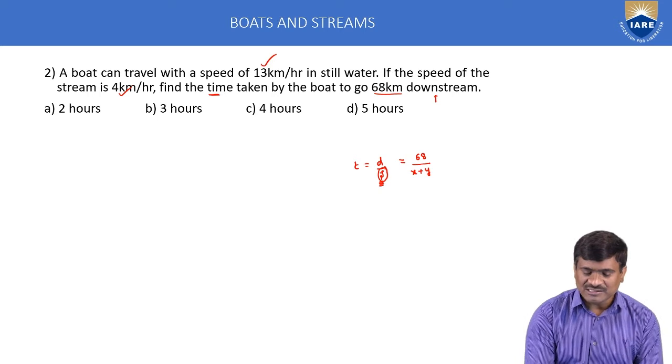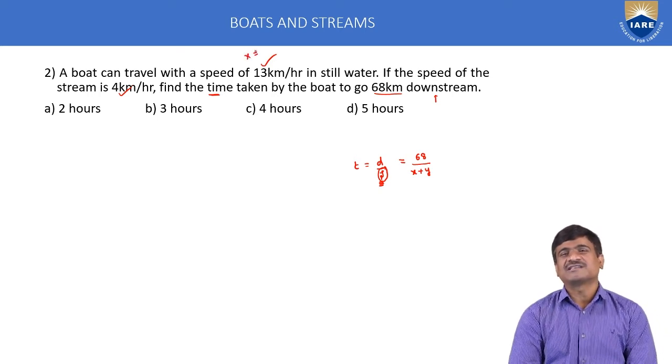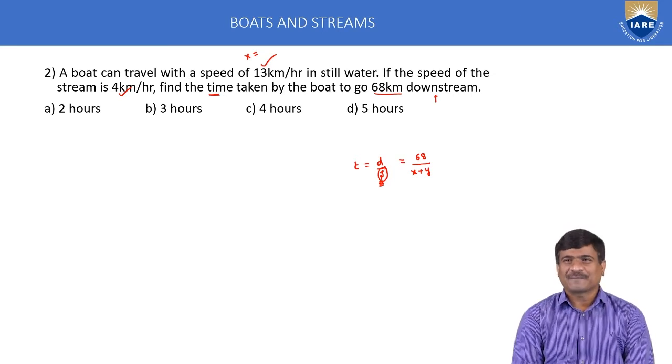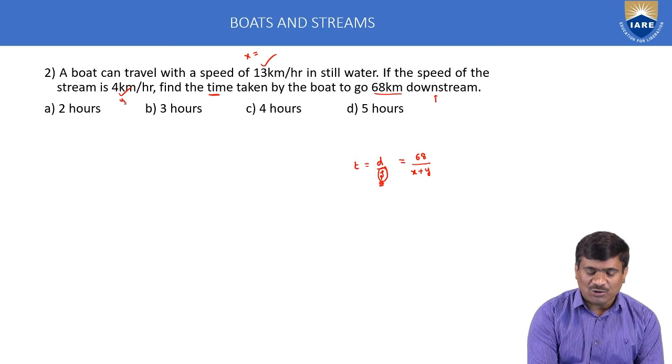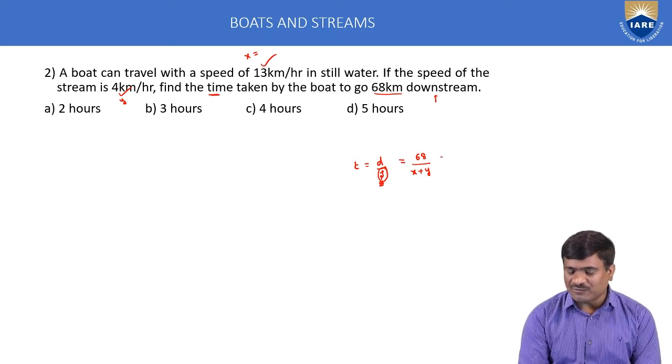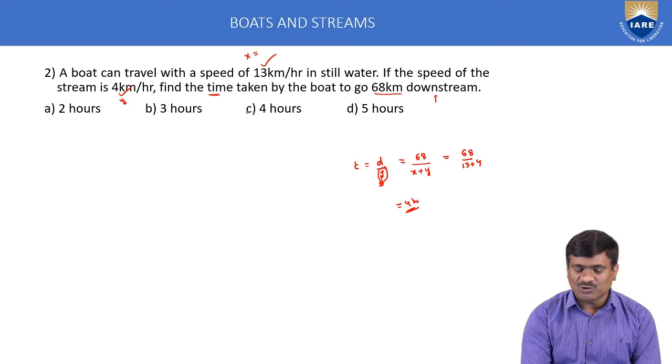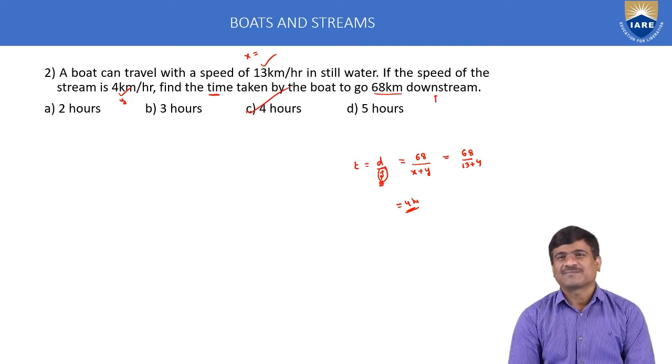The speed of the boat is 13 km per hour, so x is 13, and y is 4 km per hour. Then the speed of a downstream is x plus y, 13 plus 4, 17. 68 by 17 is 4 hours. Therefore time is 4, option C only is correct.